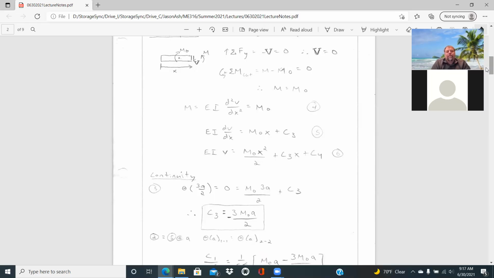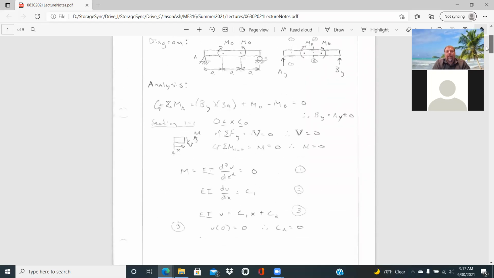And so just looking at continuity and the symmetry of the beam, the main thing is when you have a symmetric condition like this, the slope couldn't go to any positive or negative value here at the center of the beam, as that would provide for kind of a discontinuity if it's sloping up to the same point.